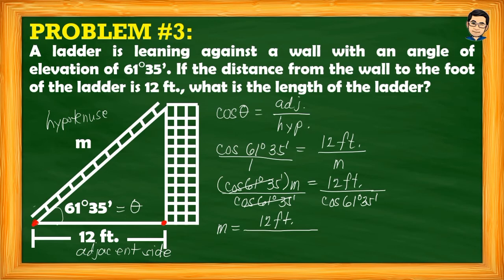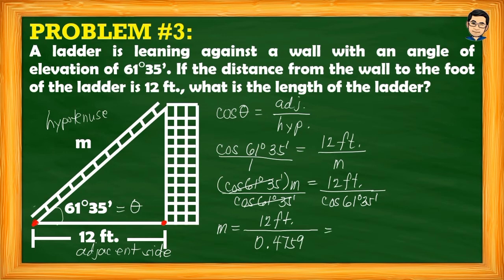So, press lang natin sa calcu cosine and then 61 and then yung degree symbol and then ilagay ulit natin 35 and then degree symbol ulit. So, ganyan po dapat ang lumitaw: cosine 61 degrees and 35 minutes. So, that is equal to 0.4759.